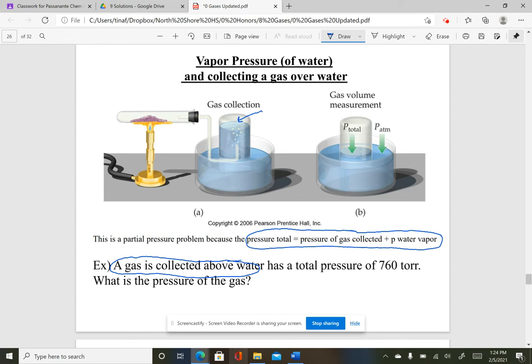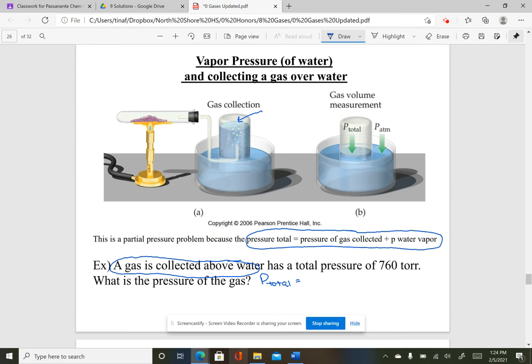So, the formula that we always want to use is pressure total equals the pressure of the gas collected plus the pressure of the water vapor. Now, depending on the question, on the reaction that they give you, the gases might be different.